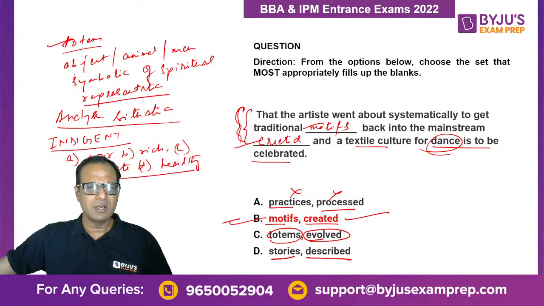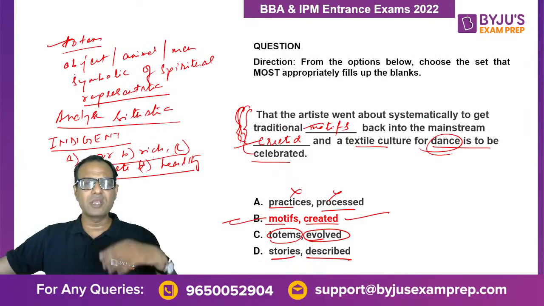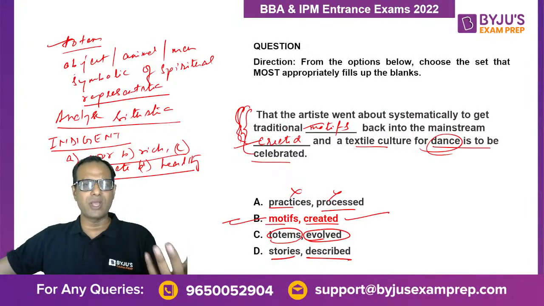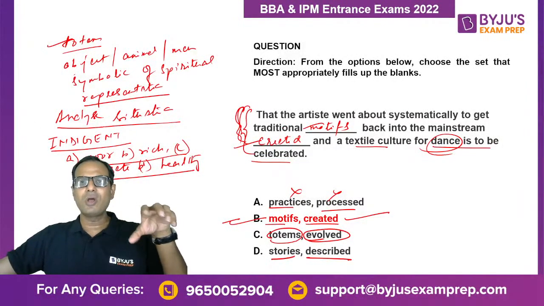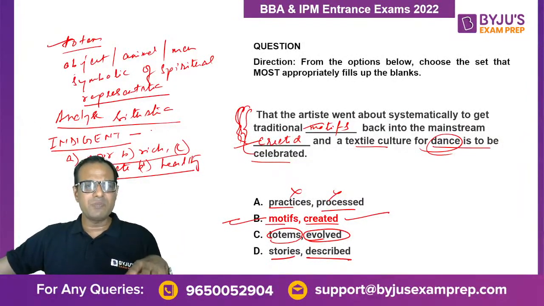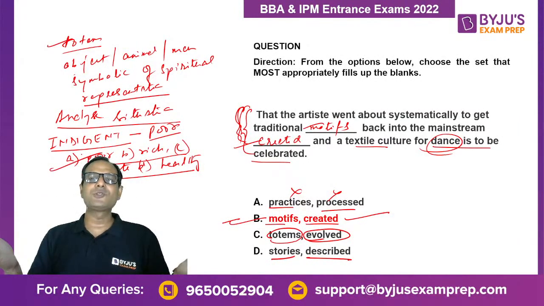What is the answer? Now, if you don't have a context like this, context gives you the food for thought. It makes you think. But if you don't have a context, you have to fall back on your memory. Indigent means poor, right? That is why the answer should have been poor.